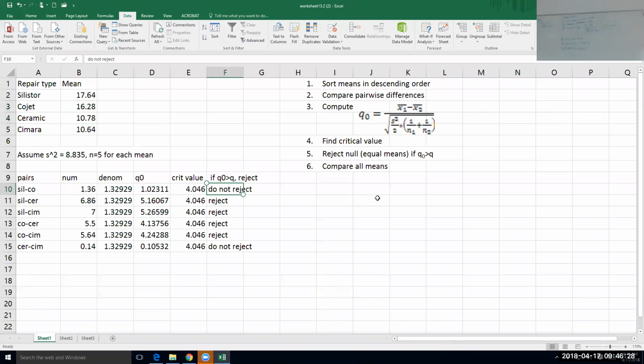We're not rejecting that, so we're saying those two are not significantly different. So they're significantly different if the difference between them is greater than the critical value. Correct. Okay. So those two are not significantly different. Those two are not significantly different, but cojet is significantly different from some. And all of these little combinations are.